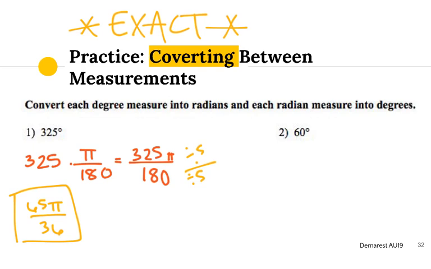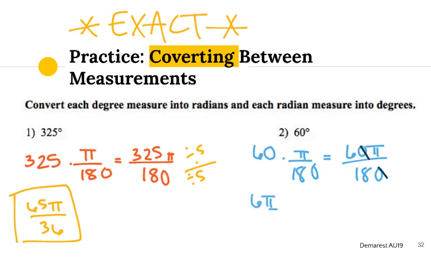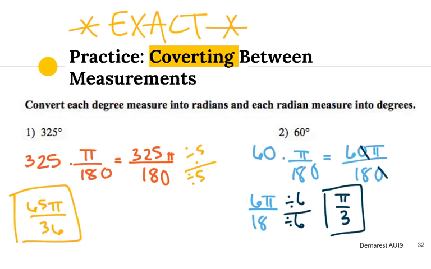Okay, so for 60 degrees, we would take 60 multiplied by pi over 180, which would be 60 pi over 180. You can see they're both divisible by 10 for starters, which would leave you with 6 pi over 18, both divisible by 6 now, so divide both by 6, and we'll get pi over 3 as our final answer here.